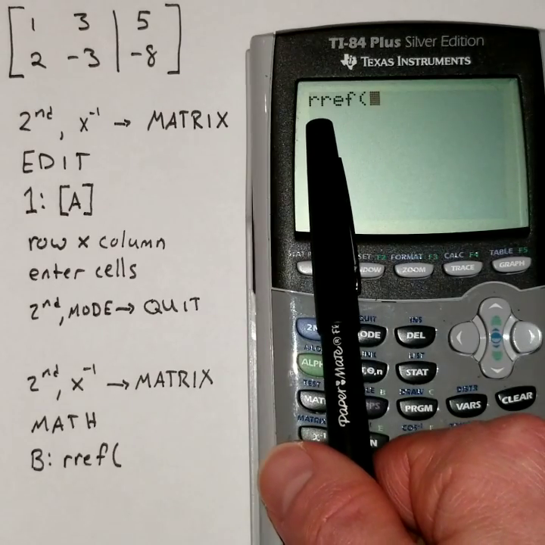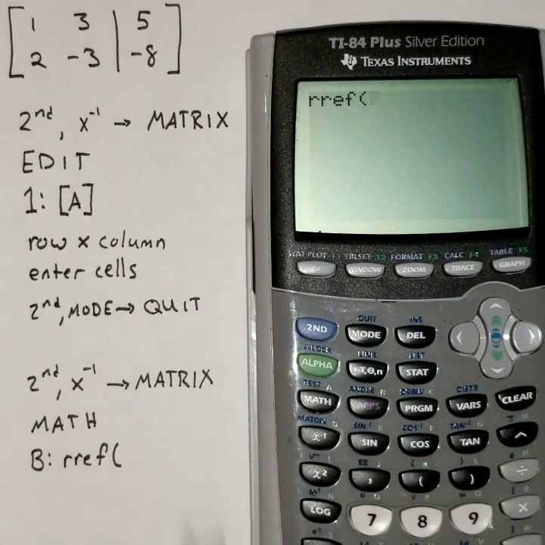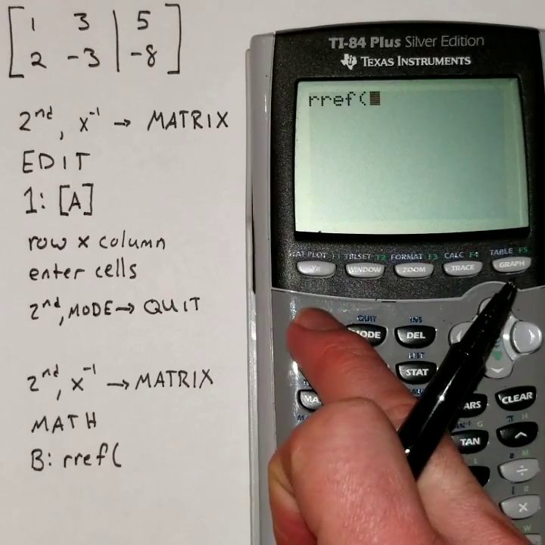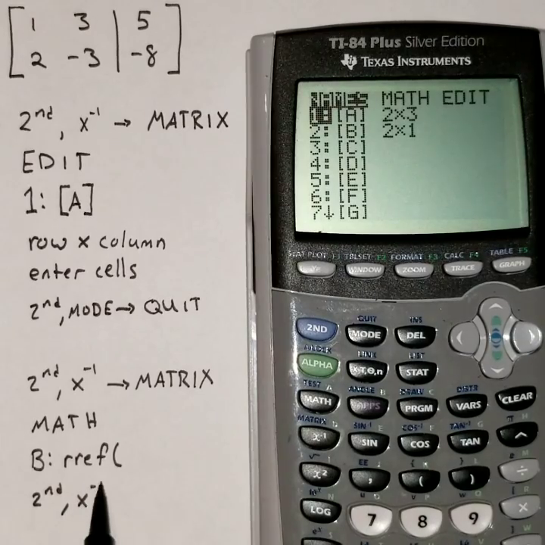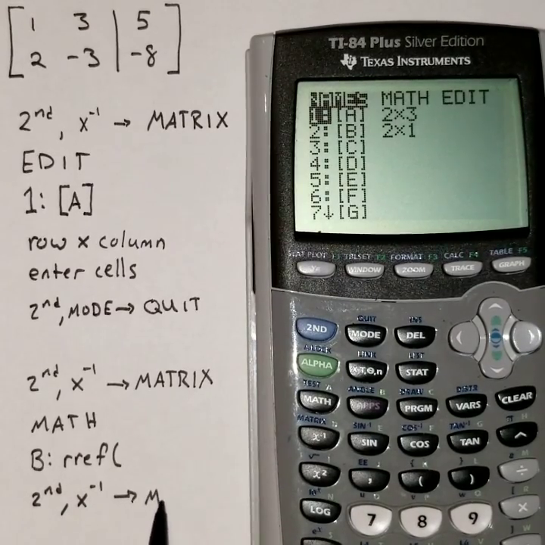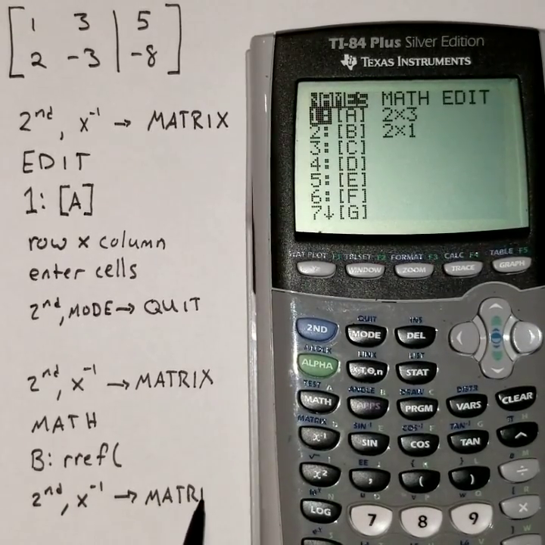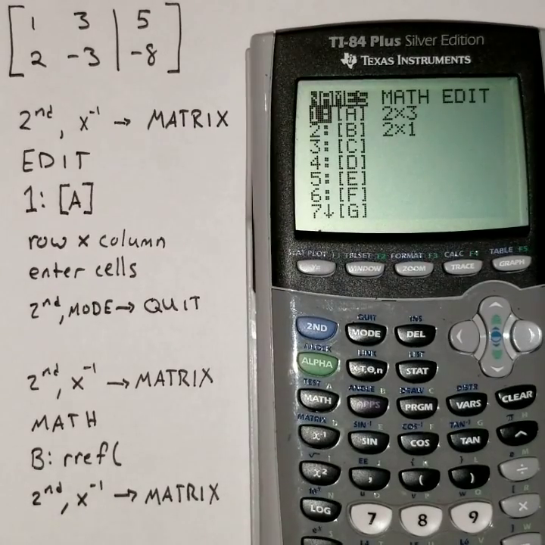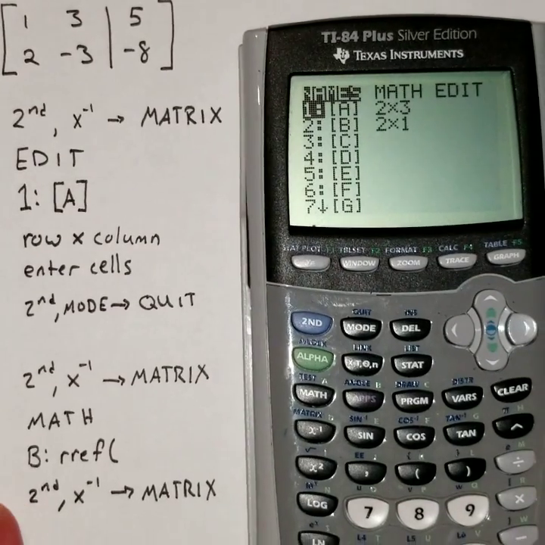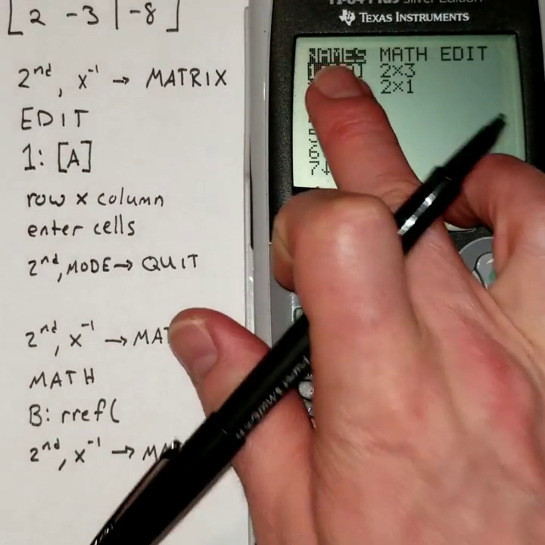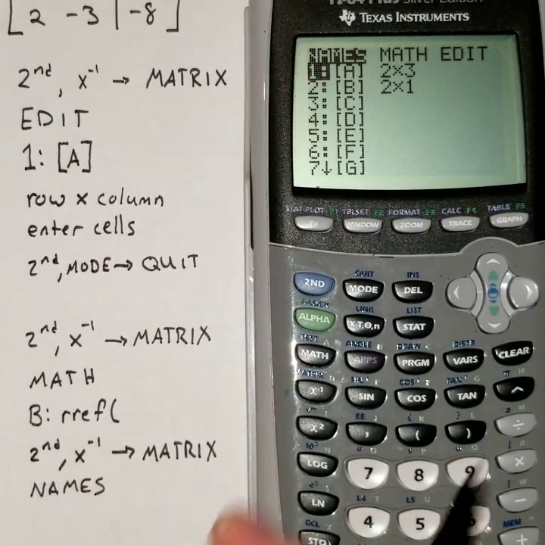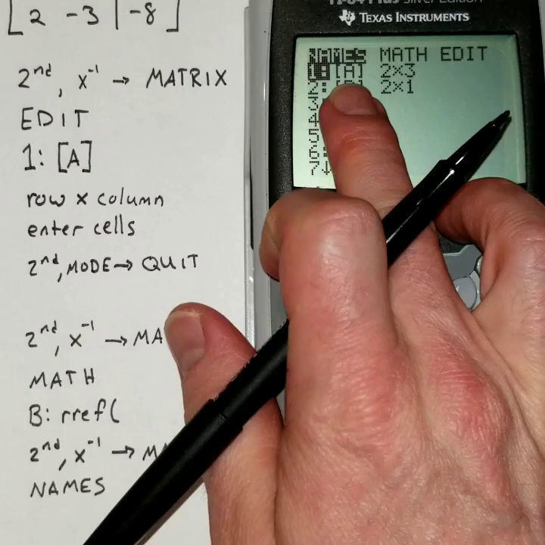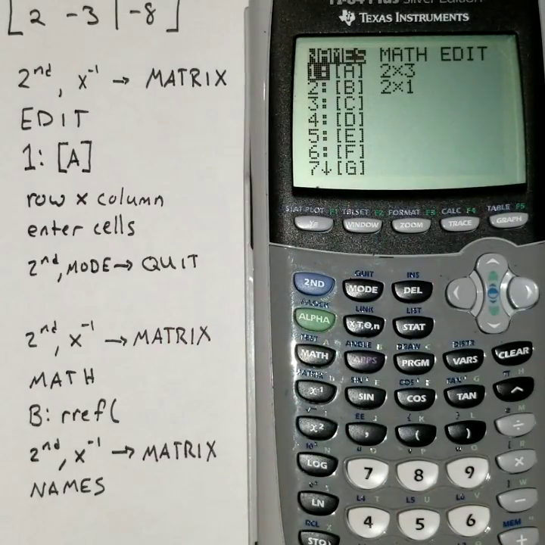Now you want to tell it what matrix to reduce. So you have to go back into the matrix menu. You hit second and then the X inverse again, and that gets you to matrix. Under the names menu, you're going to select the one that we just entered, that matrix A. So you hit enter.